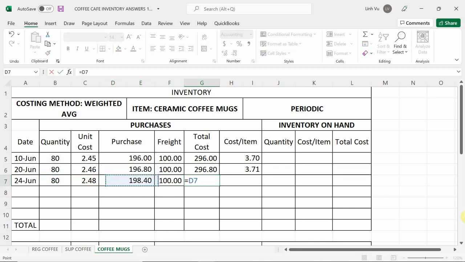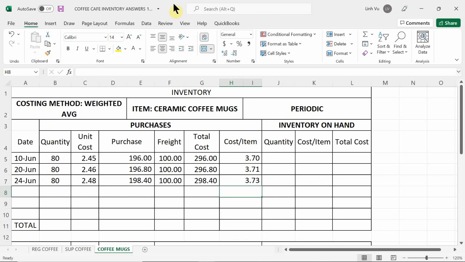What's my total cost here? $98.40. And just for practice purpose only, what is going to be my cost per item here? $3.73. Good. All right.